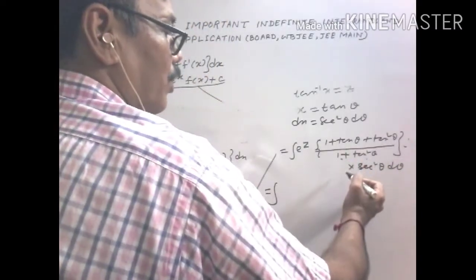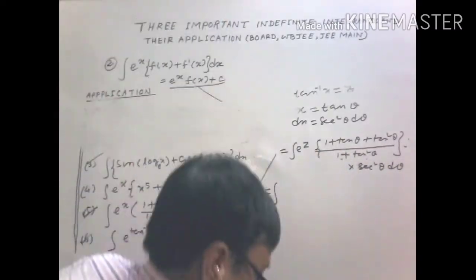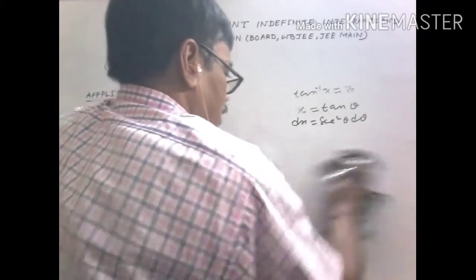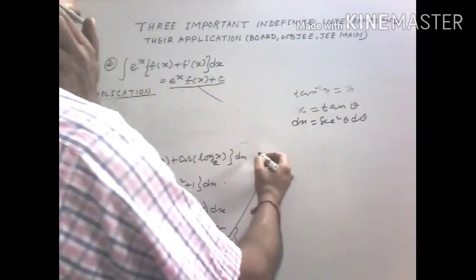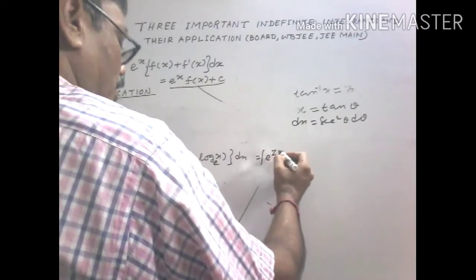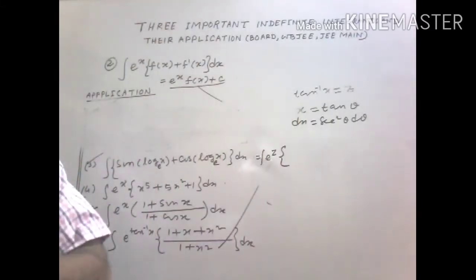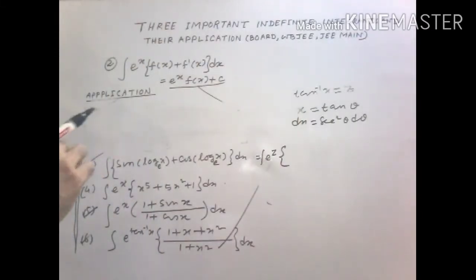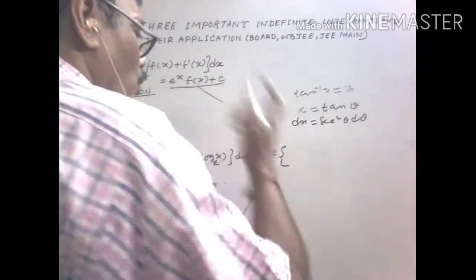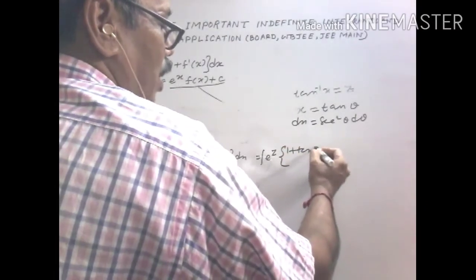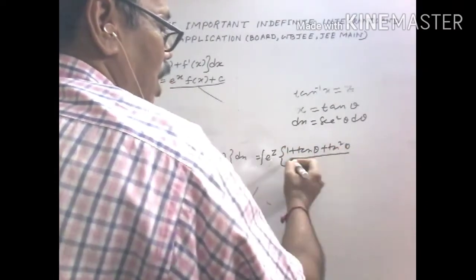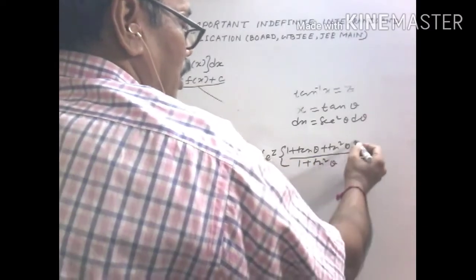Now finally, 1 plus tan square theta, not sufficient space, so you write from left: e to the power z, then 1 plus tan theta plus tan square theta by 1 plus tan square theta.